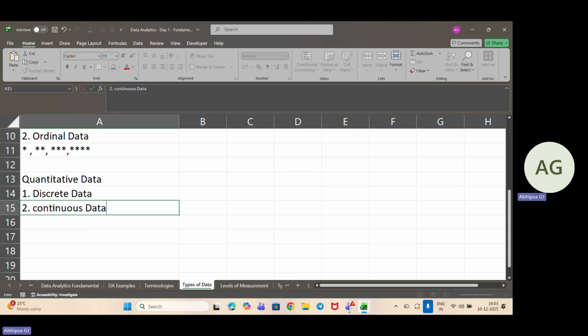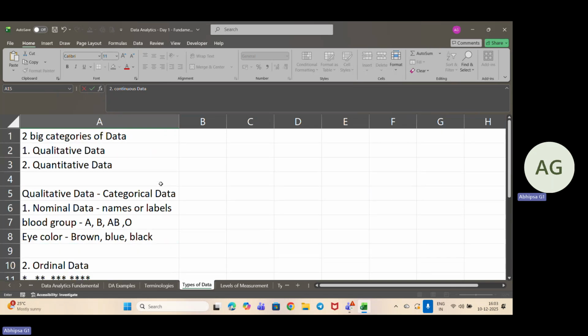So this is all about the different types of data. Let's recapitulate. We have quantitative data and qualitative data. Qualitative data are the categorical data. Inside qualitative data, we have nominal data and ordinal data. Nominal data are the names or labels that have no ranking, no top three, top four type of things involved.